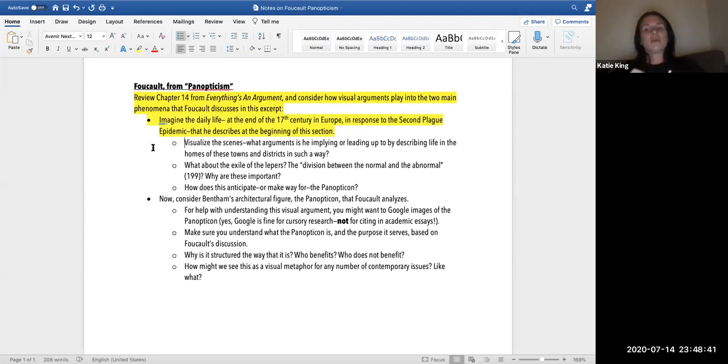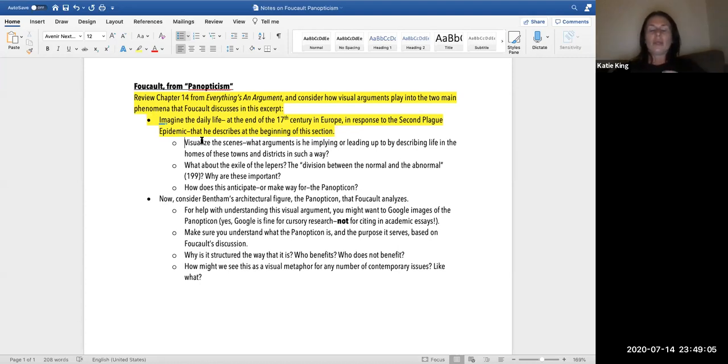But go to those scenes in those first few pages that he's describing and just imagine you're a fly on the wall. You know, a fly that has a vaccine, right? Imagine you're a fly on the wall and you're seeing all of these things that Foucault describes.